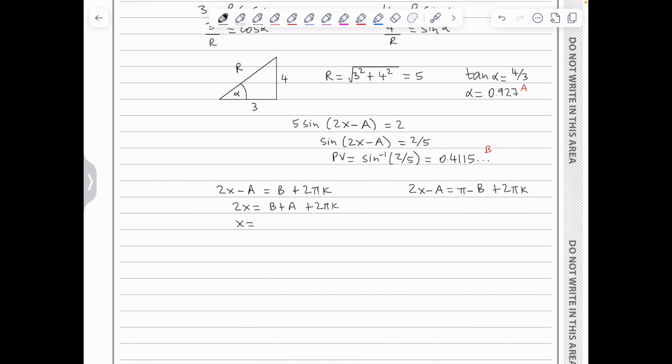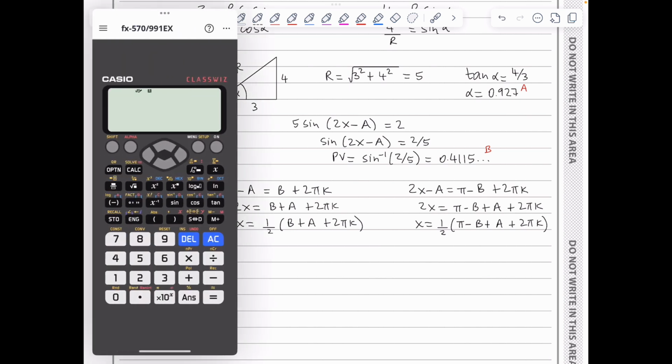So x is a half of B plus A plus 2 pi k, and here we've got 2x is pi minus B plus A plus 2 pi k, and therefore x is going to be a half brackets pi minus B plus A plus 2 pi k.